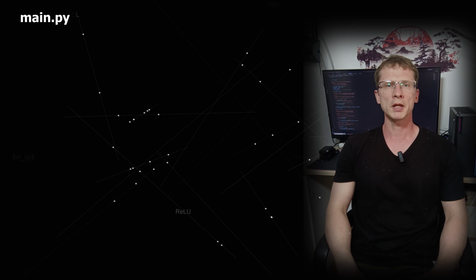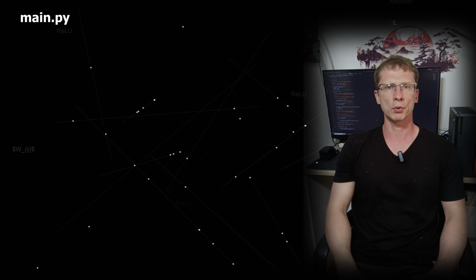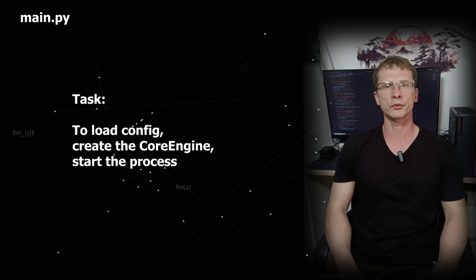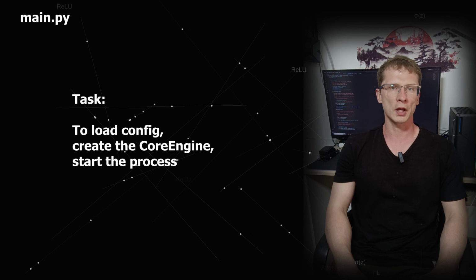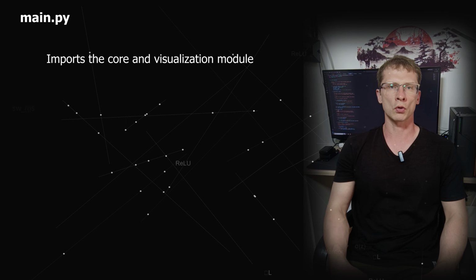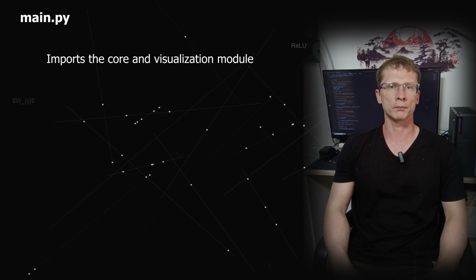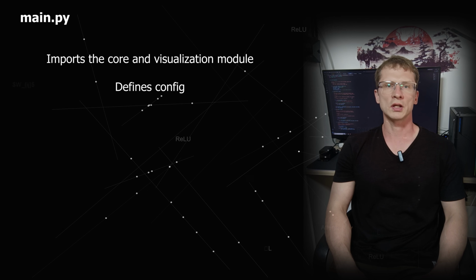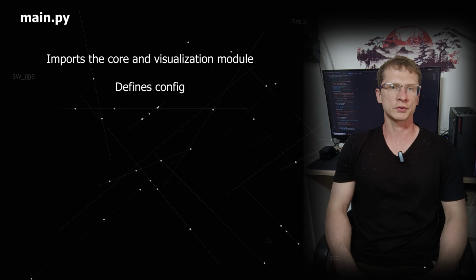And finally, main.py. This is the entry point of the trading system. Its job is to load config, create the core engine and start the process. In short, import the core and the visualization model, defines config, CSV path, indicator and strategy parameters.